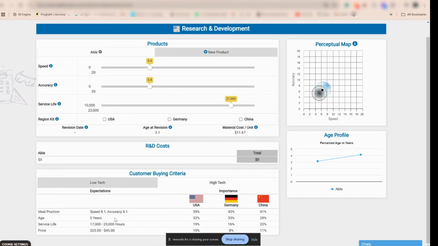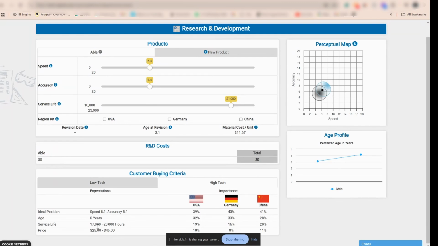The high tech market, the ideal position is the highest on their list, 8.1, 8.1 in 2026. But the low tech market, the ideal position is third on their list of desires, which is 5.3. For a high tech product, 0 years, that's what the customer wants.